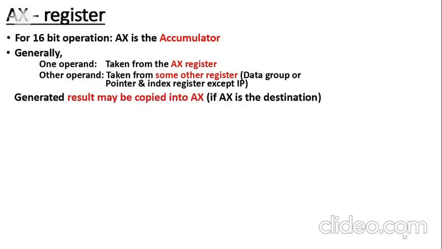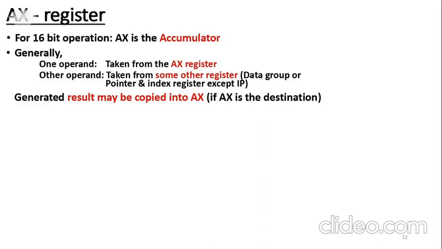And then once that operation takes place here, the generated result may be copied into the AX register if AX is in the place of destination. It means that it is not necessary that the result should always be copied into the AX register.